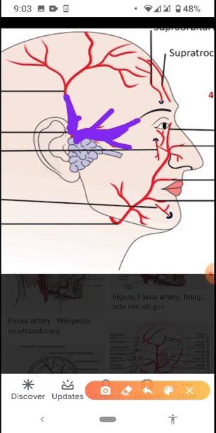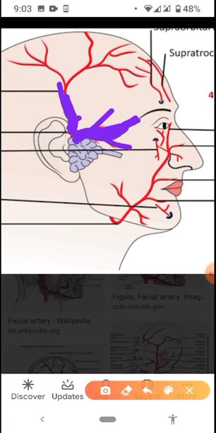That's why its name is the transverse facial artery. I don't need to tell you which area it is supplying, because you can see from here. So the first branch of the superficial temporal artery is the transverse facial artery, which is supplying this part, this area.